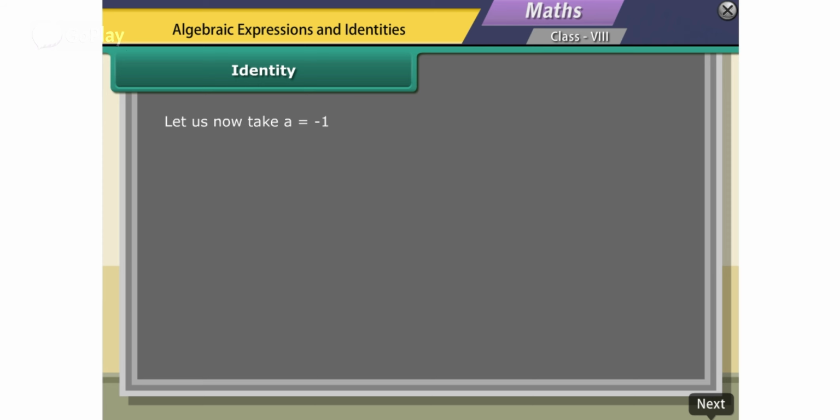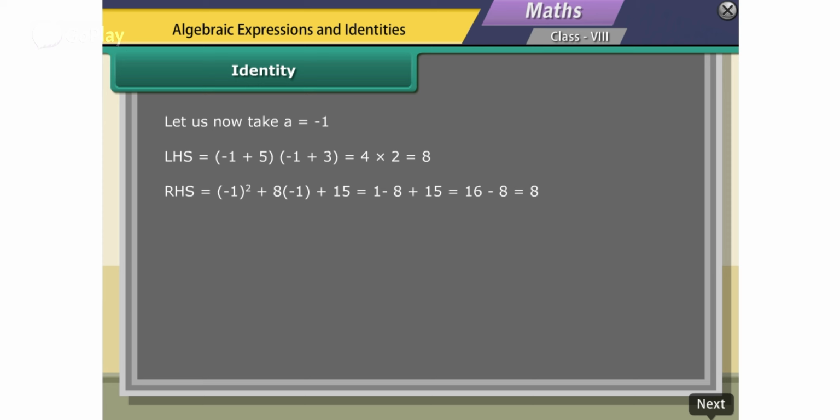Let us now take a as minus 1. LHS is equal to (minus 1 plus 5) into (minus 1 plus 3) is equal to 4 into 2 is equal to 8. RHS is equal to (minus 1) square plus 8 into (minus 1) plus 15 is equal to 1 minus 8 plus 15 is equal to 16 minus 8 is equal to 8.